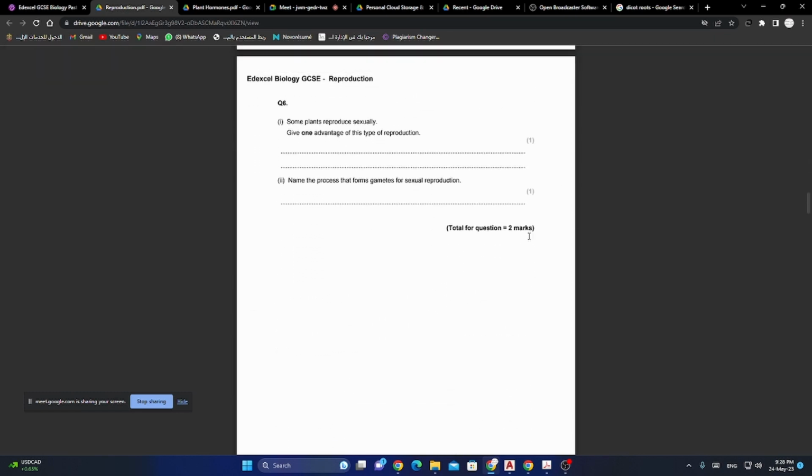Again, this is basically the same question. Some plants reproduce sexually. Give one advantage to this type of reproduction. It's just one mark, so what do you have to say?